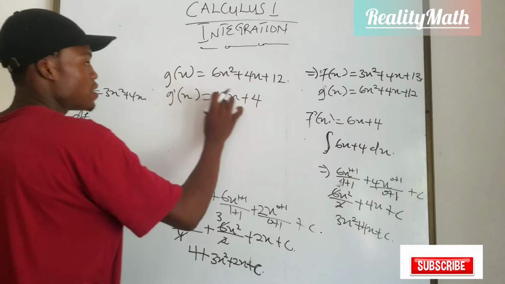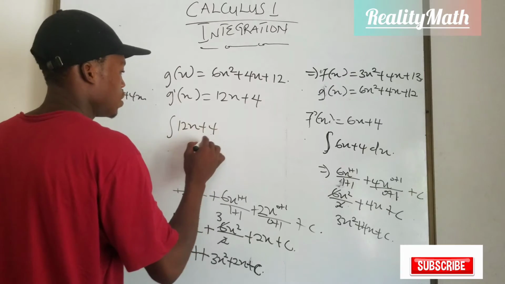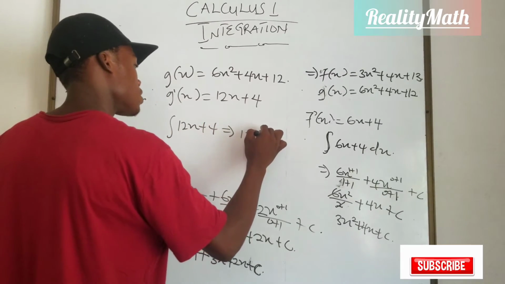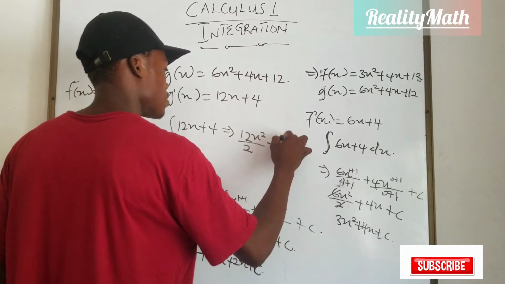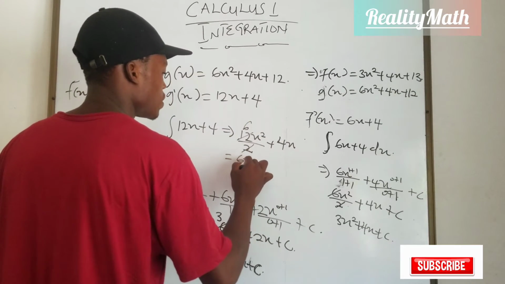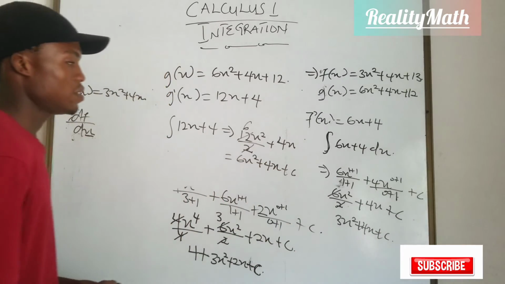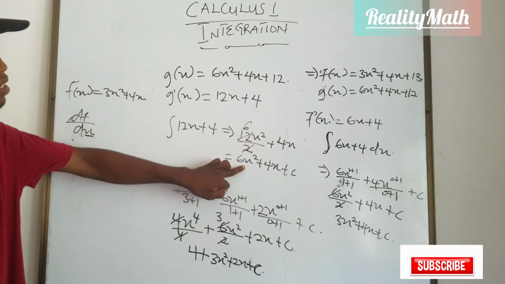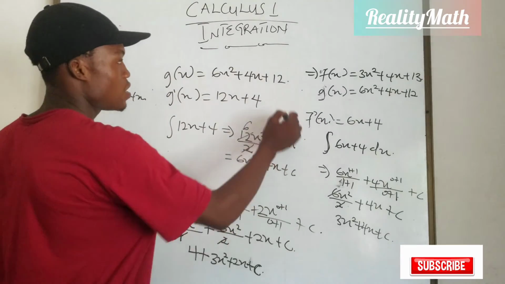Now let's integrate this back. So the integral of 12x plus 4 is going to give us 12x squared all over 2 plus 4x. This takes away this, giving us 6. So what are we going to have? 6x squared plus 4x plus c. You see that we've still gotten back our function, the g of x, 6x squared plus 4x plus 12. Now our constant c is representing 12.